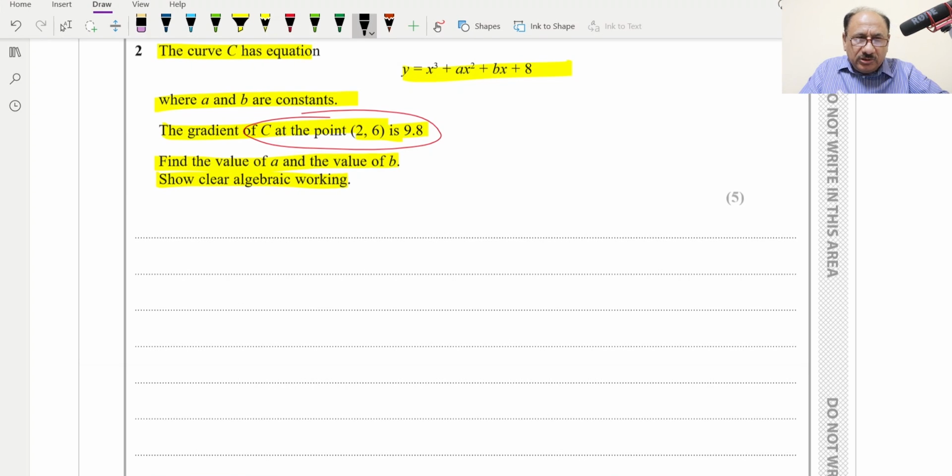So the given equation we can rewrite: y is equal to x cubed plus ax squared plus bx plus 8, and gradient, we know gradient means dy over dx is giving us the gradient.